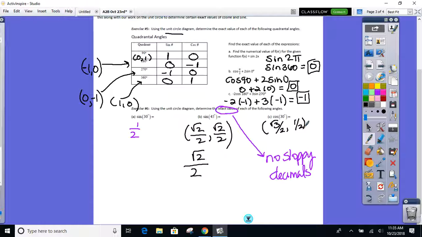If I'm finding cosine, guys, which coordinate do I want that represents cosine on the unit circle? X coordinate. And what's the x coordinate here? Radical 3 over 2. Tonight you're just sticking in the first quadrant. Tomorrow is what happens when I go to the second quadrant. And not much, it's just the sign changes.